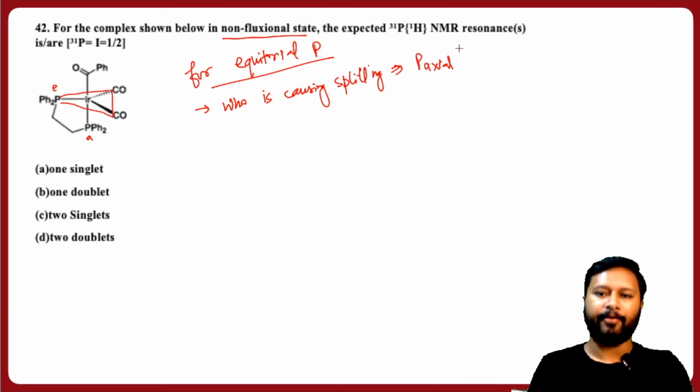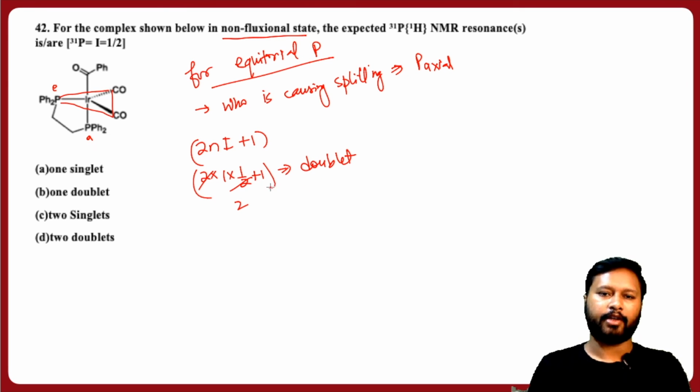Now if axial phosphorus is causing splitting, in how many lines will it cause splitting? How many axial phosphorus are there? Just one. The I value is half, so 2nI plus 1 with n equal to 1: you are going to get 2, a doublet. Now we have done this for equatorial phosphorus; in the same way we can do it for axial phosphorus.